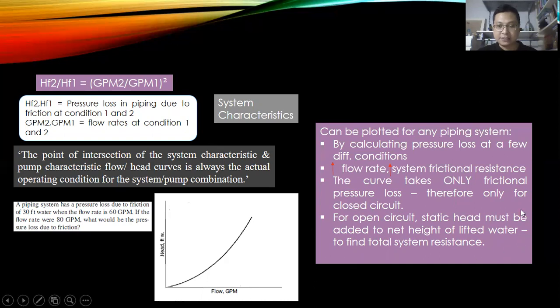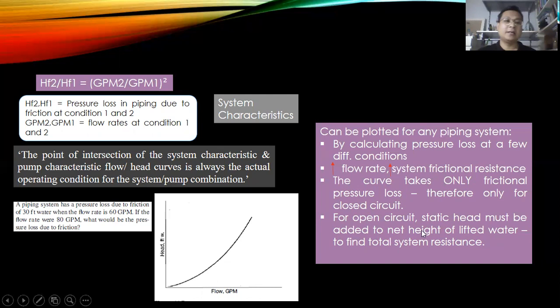So in the other condition, if the case is open to atmosphere, we add the height to that condition. Head means the difference between the top of the fluid and the pumping system.